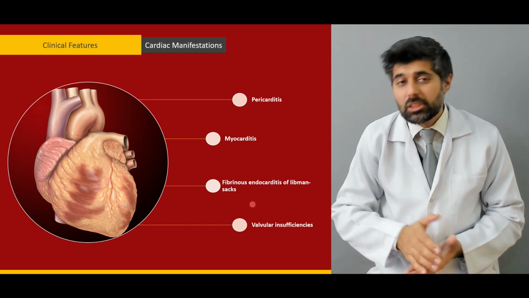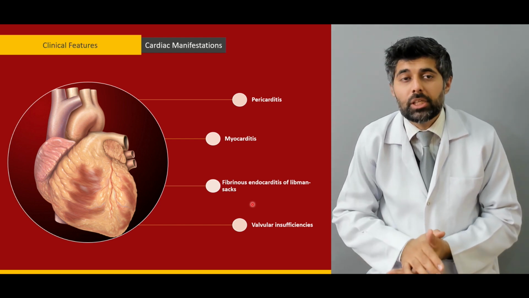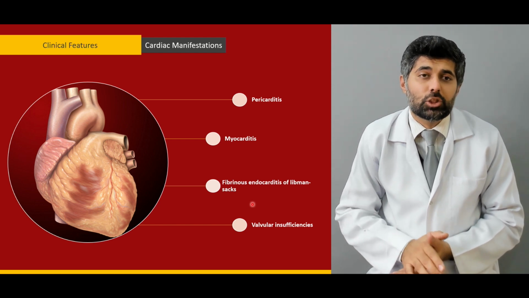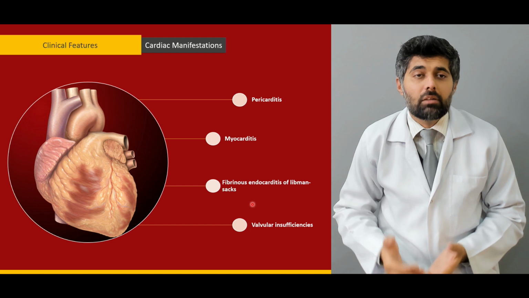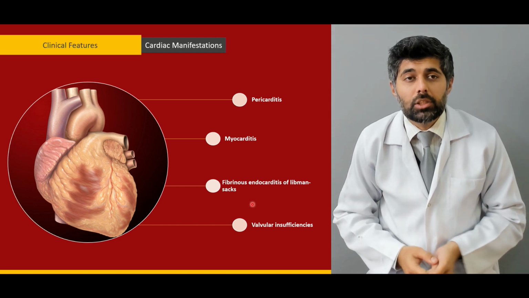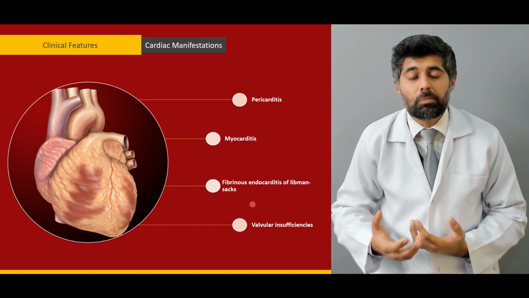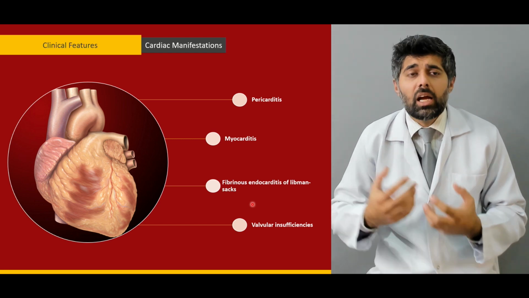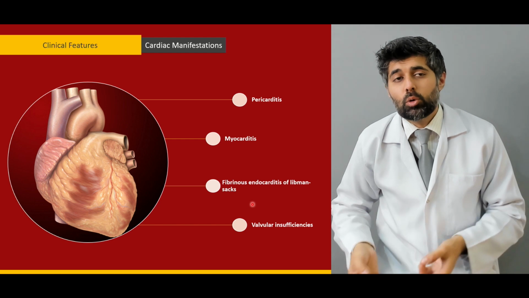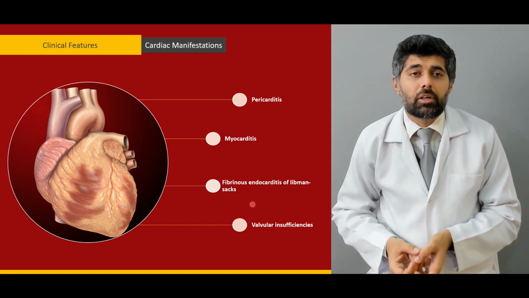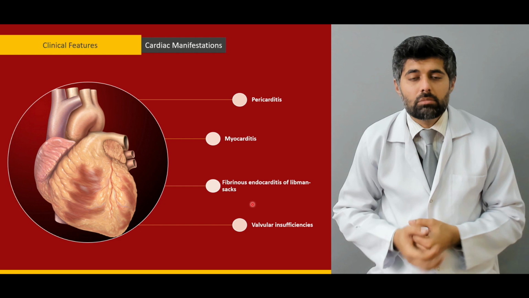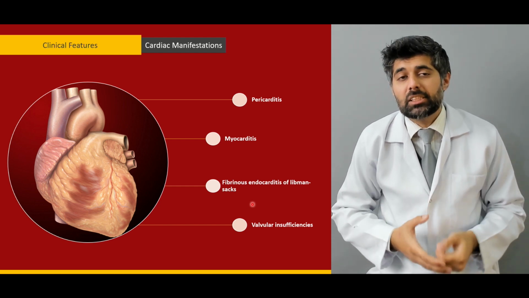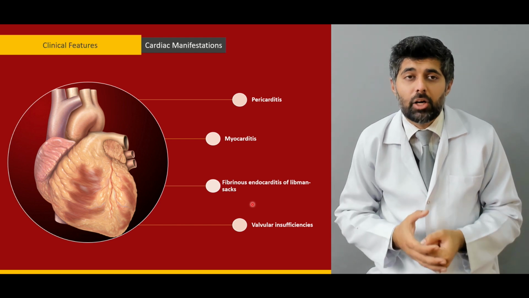If there is deposition of antibodies on the valves, this will result in reduced functioning of the valves, and the ejection fraction, the circulation of the blood throughout the lungs, and the functioning of both the atria and the ventricles will be compromised. So valvular deficiencies should also be checked in an SLE patient manifesting cardiac issues.